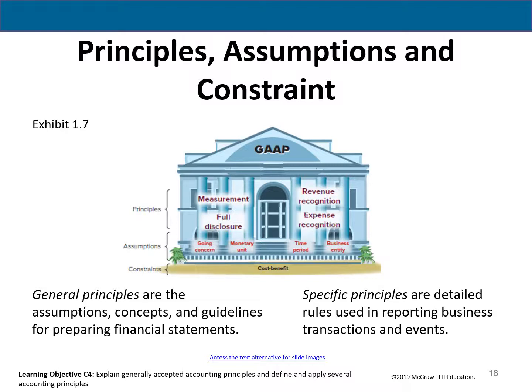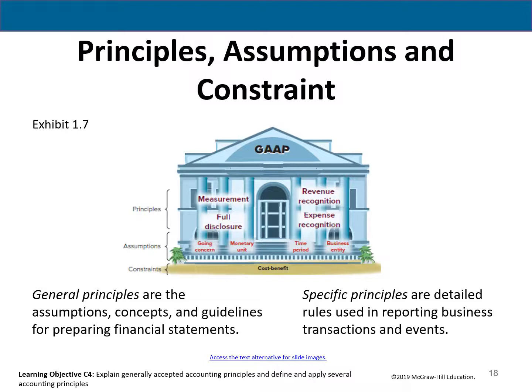So part of this conceptual framework are principles, assumptions, and constraints. So general principles are assumptions, concepts, and guidelines for preparing financial statements. So principles in our little house of GAAP there, our big umbrella: there's measurement, full disclosure, revenue recognition, and expense recognition.